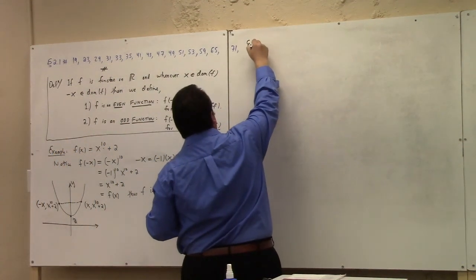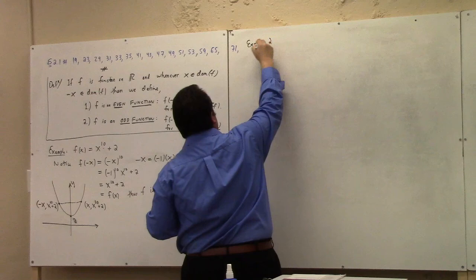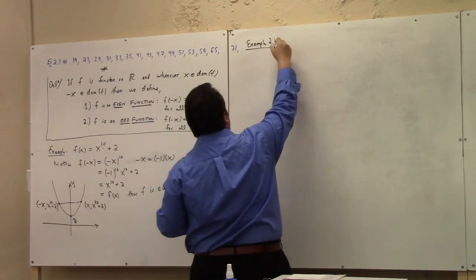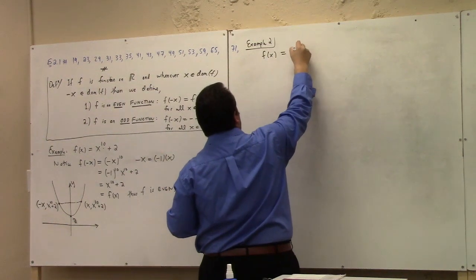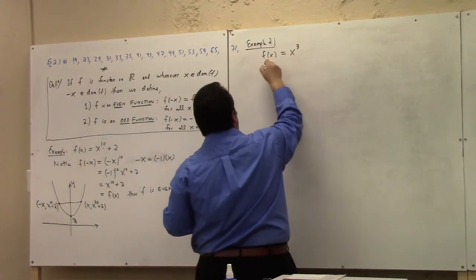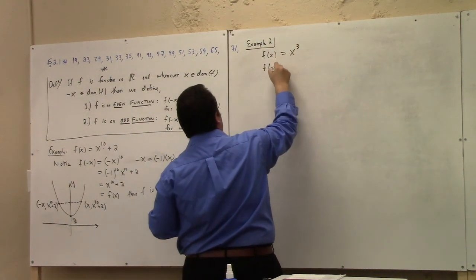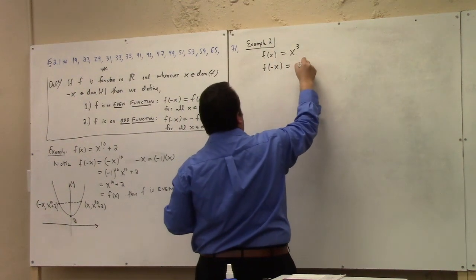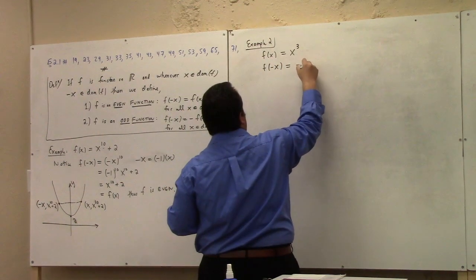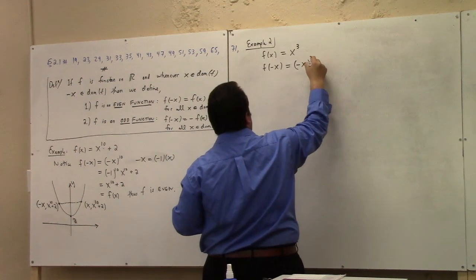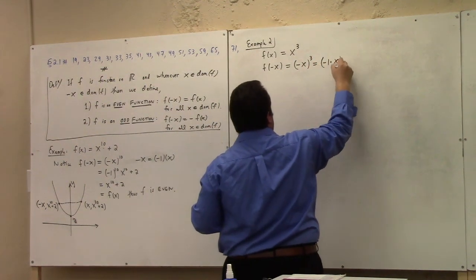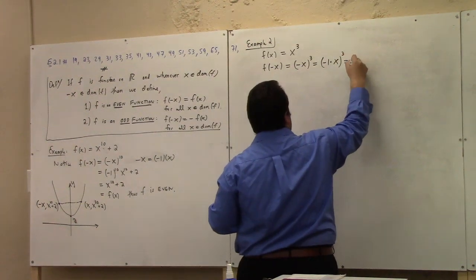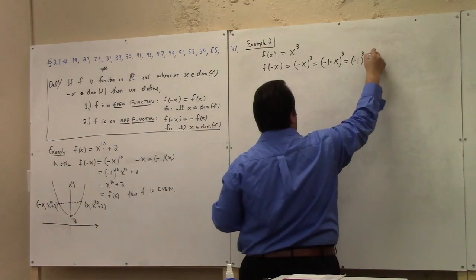Example 2, we could look at something like f of x equals x cubed, right? So then f of minus x is minus x cubed, right? But again, same algebra. This is minus 1 times x cubed, which is minus 1 cubed times x cubed.